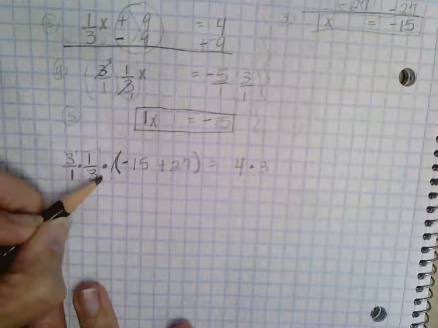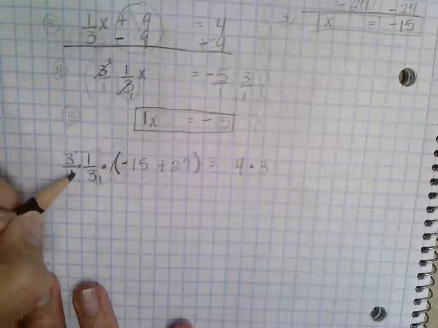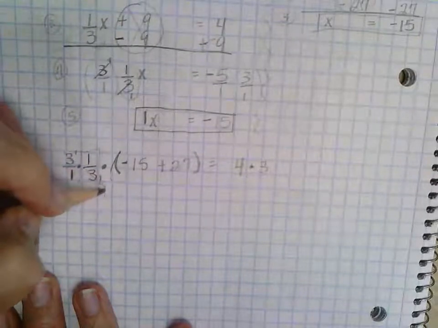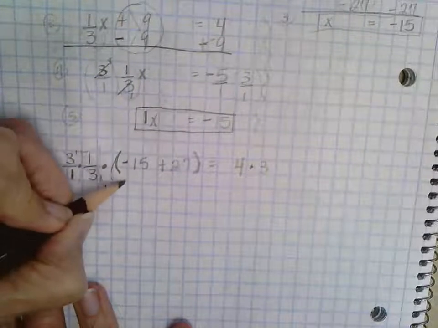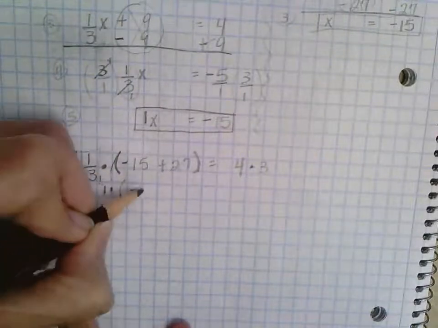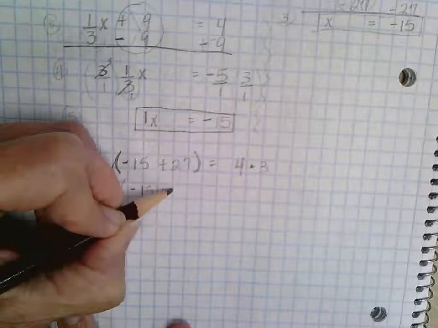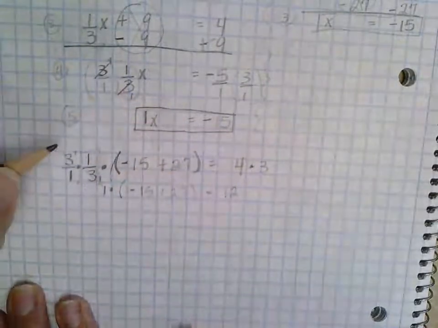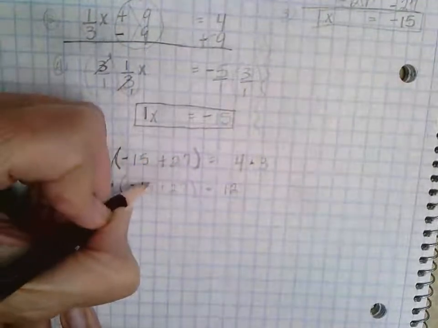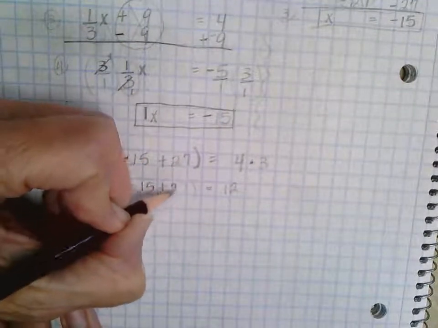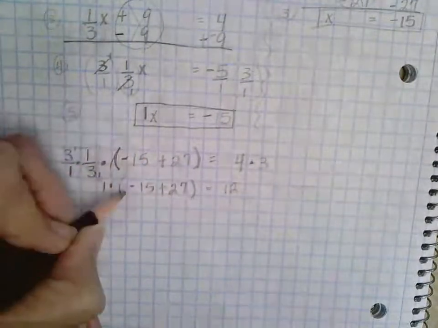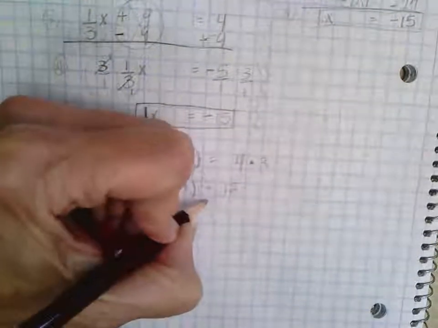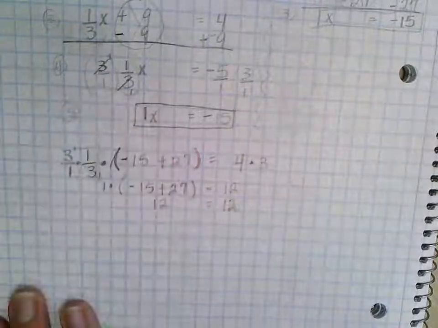again down to a 1 times 1 times, so I have 1 times whatever negative 15 plus 27 is, and that should equal 12. So negative 15 plus 27 is going to equal 12.